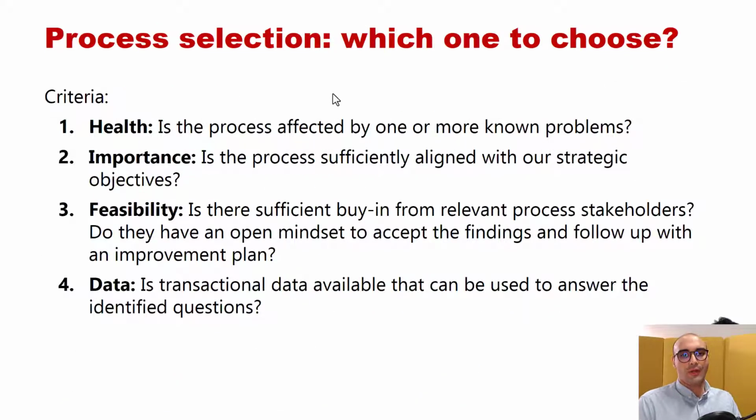In the organization, there are a lot of business processes that you can enhance or improve. Then we need to select the proper business processes to enhance, and we do that based on some criteria. The first criterion is the health.